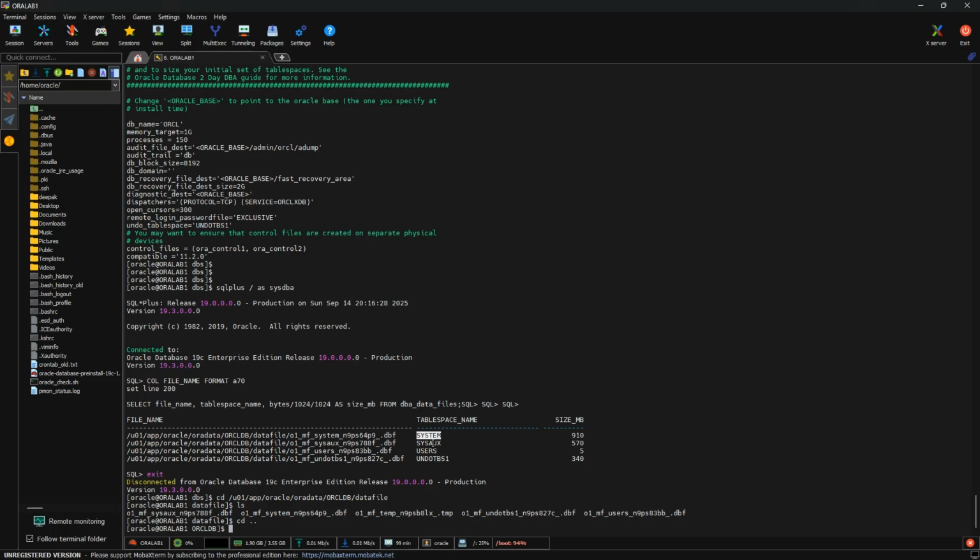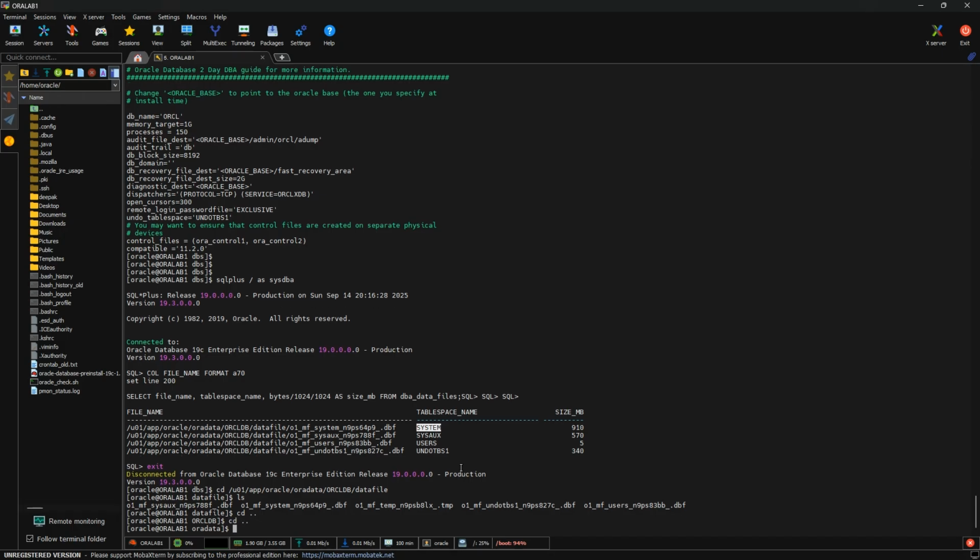The USERS tablespace is where the actual users' data will be stored, and the UNDO tablespace stores the undo segments. I will talk about undo in the update query example. So this is how you can see the data file location.